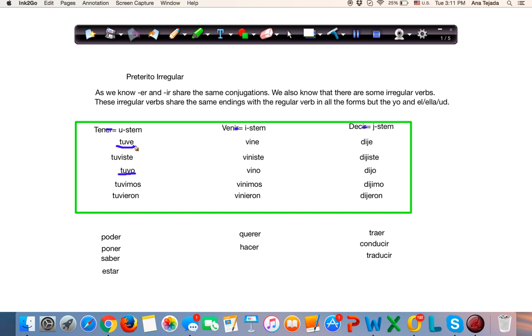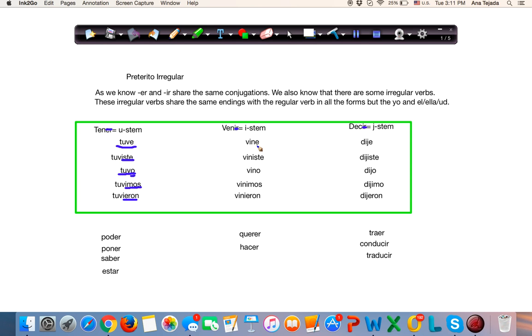Okay, so here you're gonna see that our endings are e, iste, o, imos, ieron.